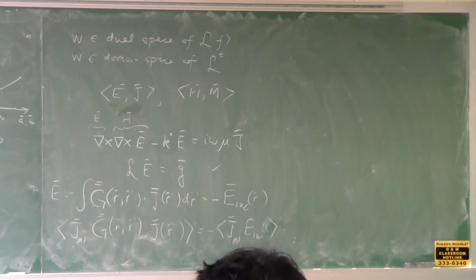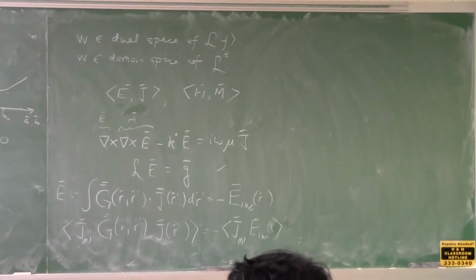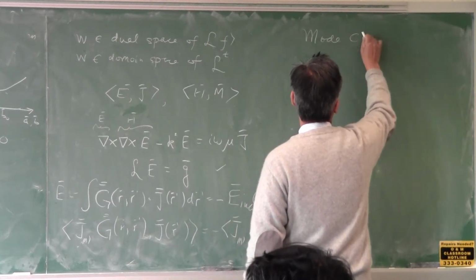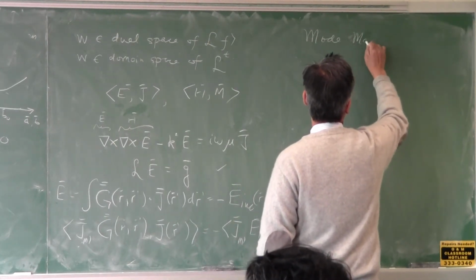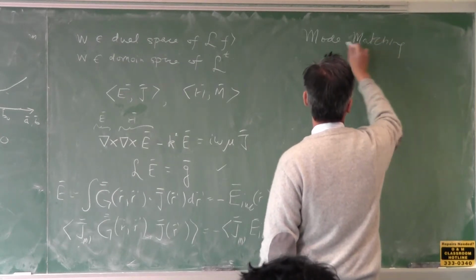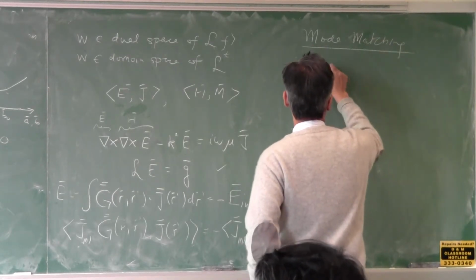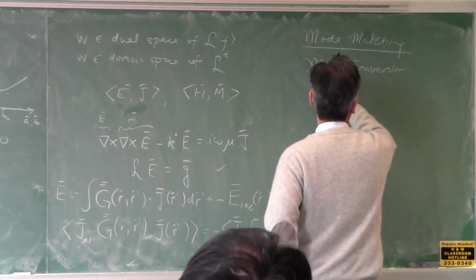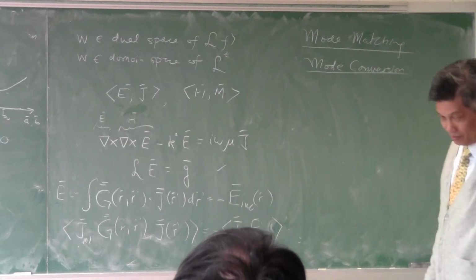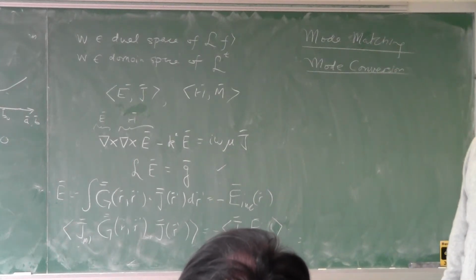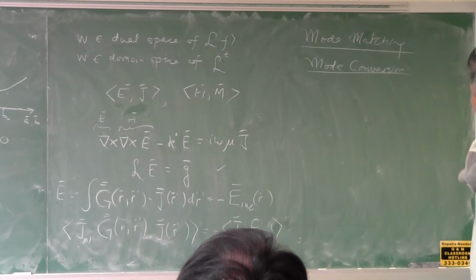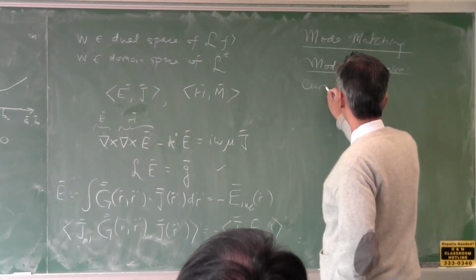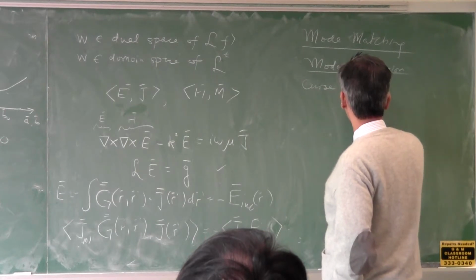Mode matching is what I actually discuss in chapter 6. And there's this physics of mode conversion that you should know. I talked quite a bit about this in the waveguide theory course, so I won't dwell on this too much. But this is good for solving problems that are highly complex due to the curse of dimensionality.